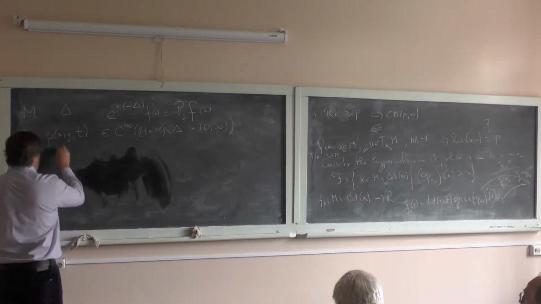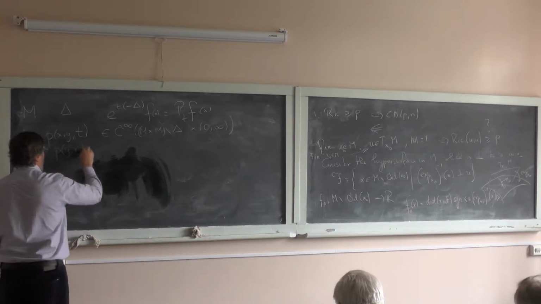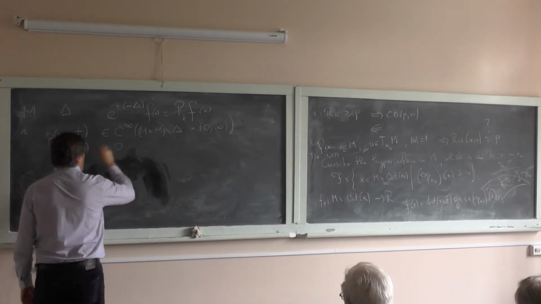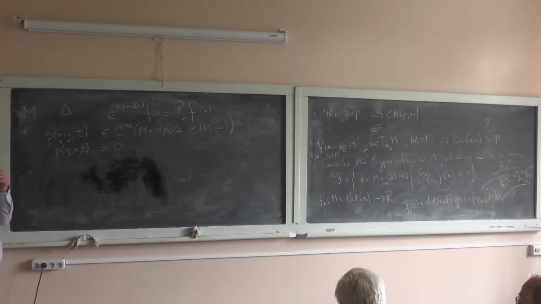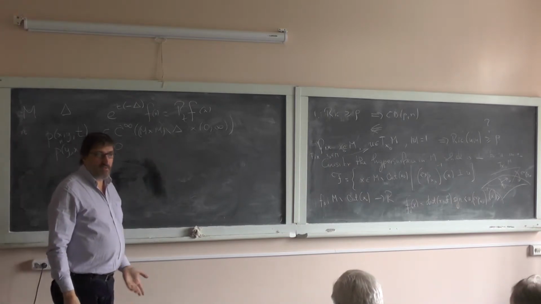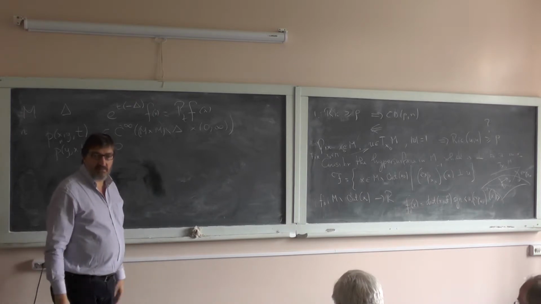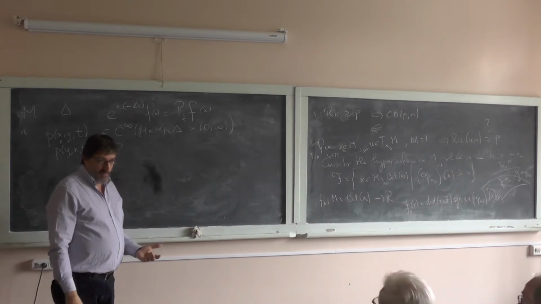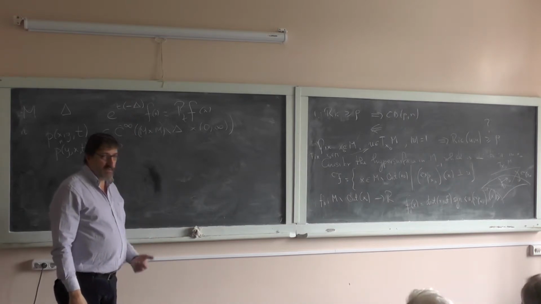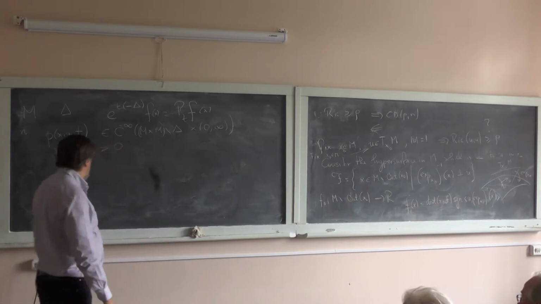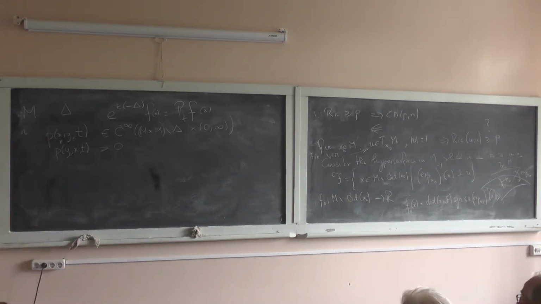It's symmetric, and it's strictly positive. C infinity is a deep consequence of elliptic theory on the manifold, essentially the fact that the heat equation is a hypoelliptic operator, so it smooths out. But this is classical stuff, so I'll take it for granted.